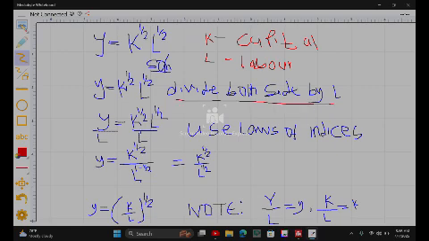So let's divide this equation by L. So when I divide Y by L equals K raised to the power half, L raised to the power half, by L. You need to bring out the mathematical knowledge that you have so that you can simplify this equation. And you can see that I've said use laws of indices.